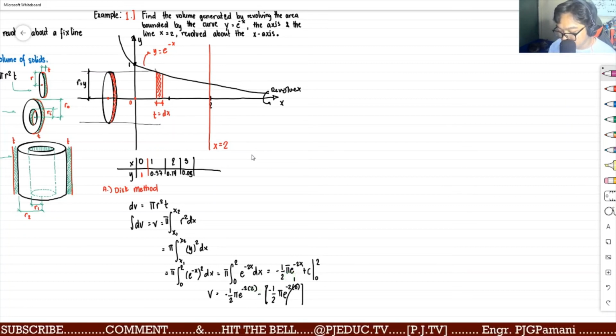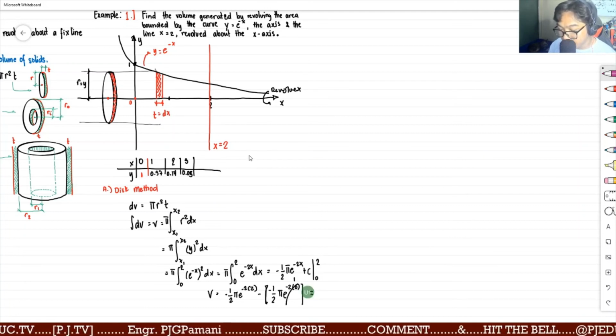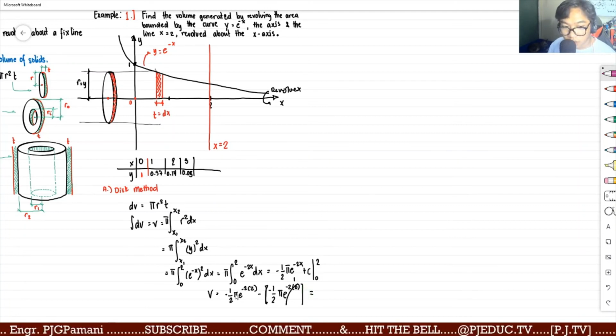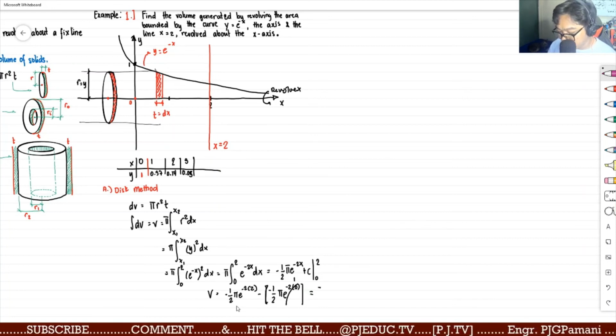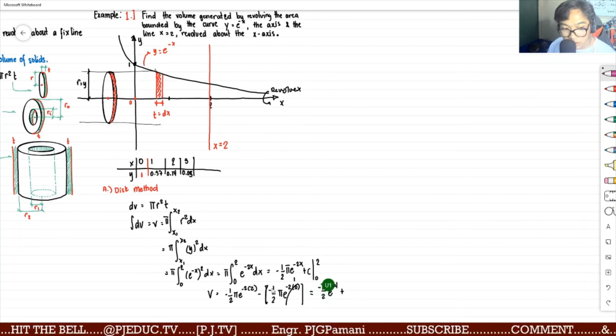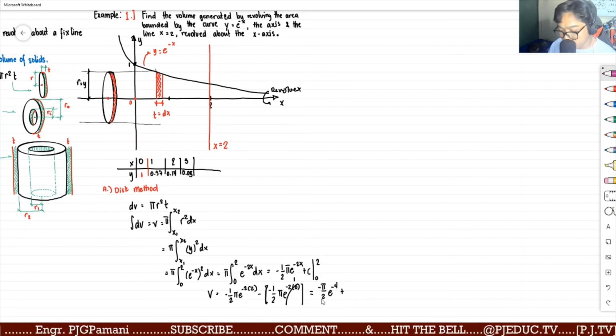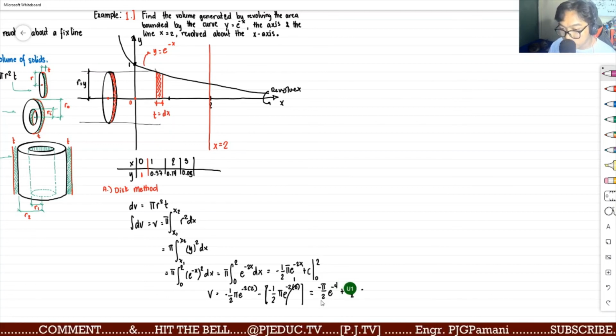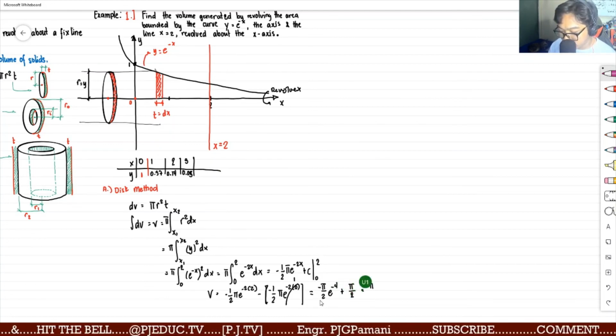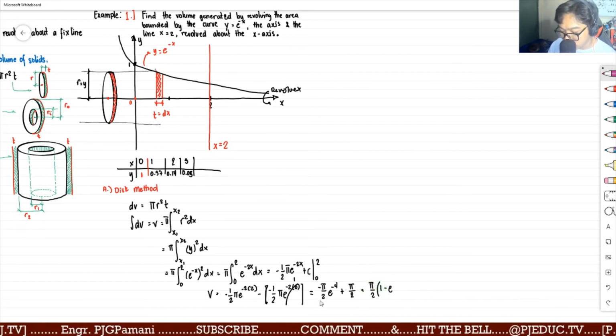So that is negative pi over 2. And the volume now is simply equal to negative pi over 2 of e raised to negative 4 plus negative 1/2 pi times negative 1, which is simply positive 1/2 pi. Labas lang natin si 1/2 pi or pi over 2. Then we'll get 1 minus e raised to negative 4.